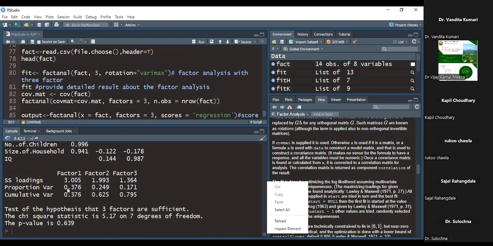The proportion of variance explained by the first factor is 37.6, the second factor is 24.9, and the third factor is around 17.1. The cumulative variance explained by the first 2 is around 62.5, and around 80% of the variance has been explained by all the 3 factors.